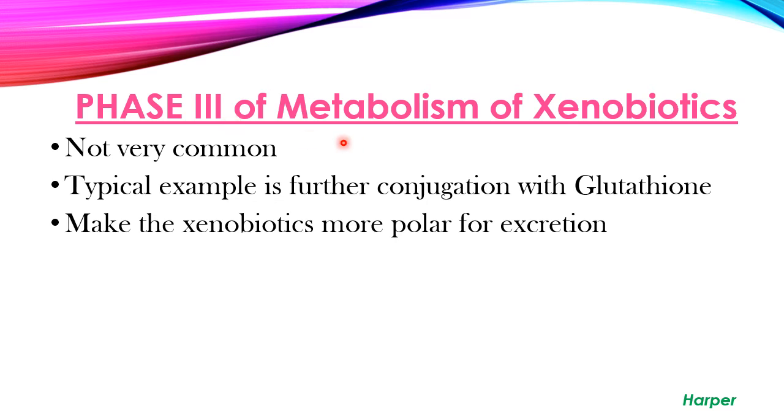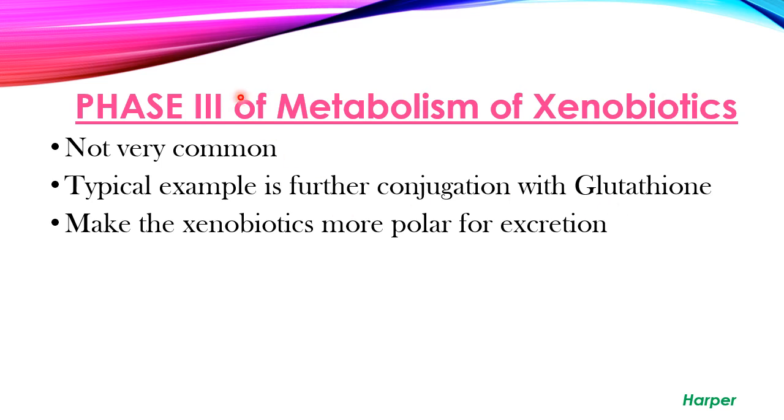Phase 3 of metabolism of xenobiotics. This is not a very common phase. It exists rarely. It depends upon the type of xenobiotic. Only if the xenobiotic is extremely harmful or toxic is phase 3 needed, otherwise not. The most common example of a phase 3 reaction is further conjugation with glutathione that we have studied in detail already.